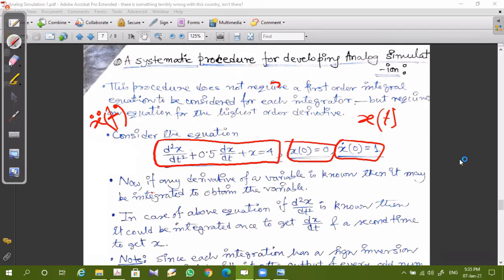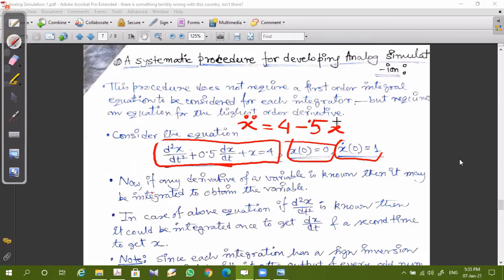Okay, but since this is a second order equation, we also need the information on dx/dt, because if you write down the equation in a standard form, what you'll get, x double dot will be equal to 4 minus 0.5 x dot minus x. So this will be a differential equation.